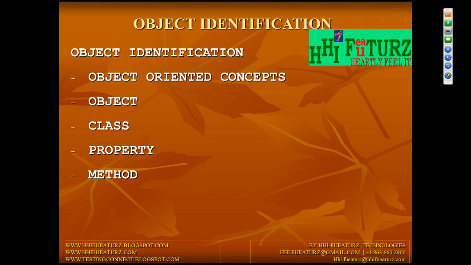Let us suppose we have an institute with so many students. Each and every student has properties like first name, last name, middle name, age, date of birth, present address, permanent address, and the course he is taking. Each student you can consider as one object.